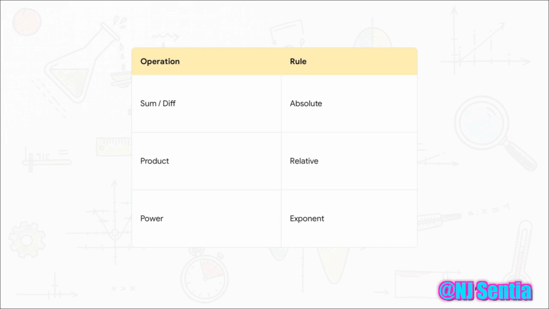If you're adding or subtracting quantities, you just add their absolute uncertainties. But if you're multiplying or dividing, you have to add their relative uncertainties, so their percentages. And since these errors are usually independent of each other, physicists use this special trick called adding in quadrature. It's basically the Pythagorean theorem, but for errors, and it makes sure you don't wildly overestimate your total uncertainty.